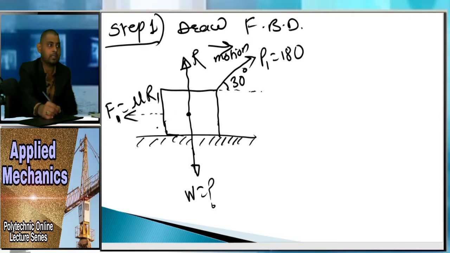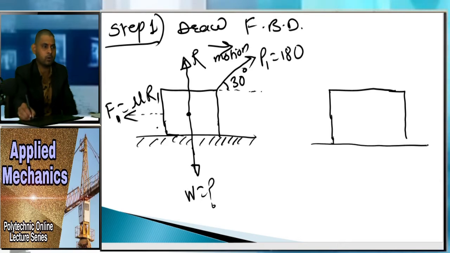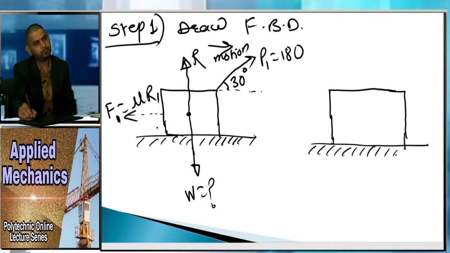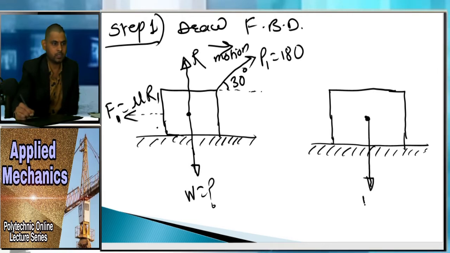Now the second condition. For that condition we have to draw the second free body diagram. Here you can see this is your body resting on a horizontal plane. For this body the self weight is always towards the downward direction, W. This is unknown, right?